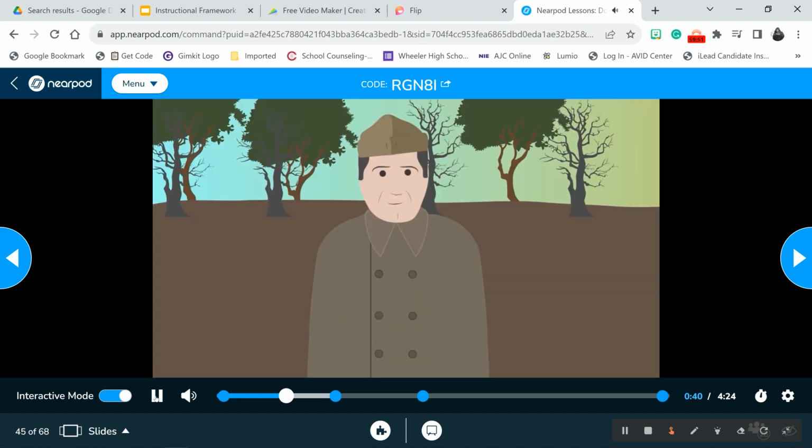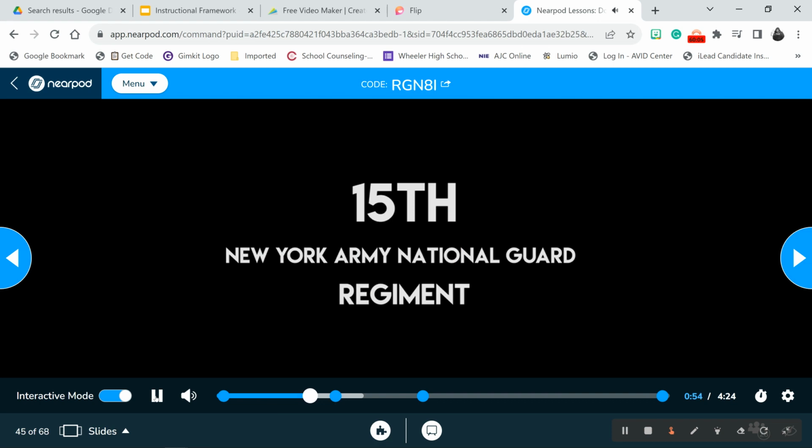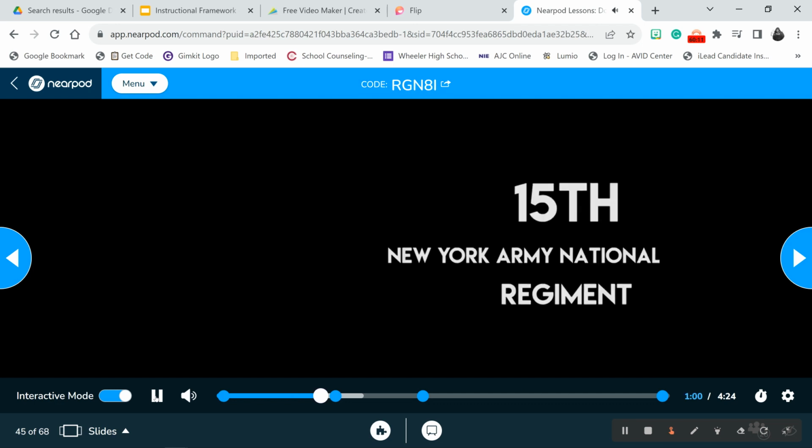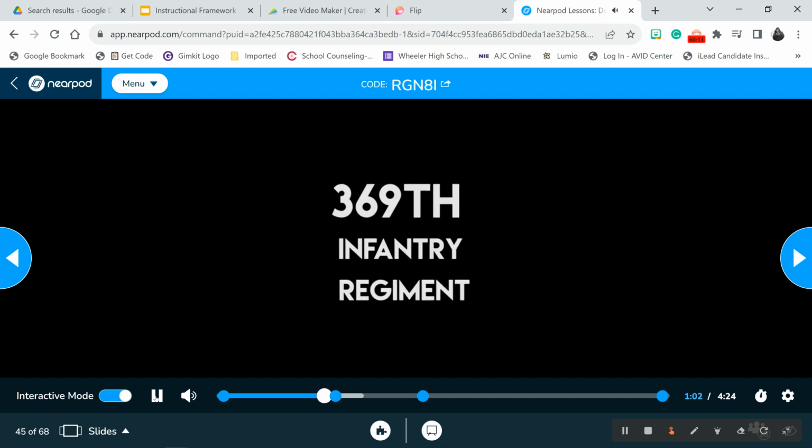A white officer, Colonel William Hayward, who was one of the original organizers of the 369th, would continue to lead them in France. He respected his troops and dedicated himself to their well-being. On March 1, 1918, the 15th Infantry Regiment, the New York Army National Guard, was redesignated as the 369th Infantry Regiment. Numbers higher than 200 were usually for troops who had been drafted, but as they had volunteered, this was an insult.